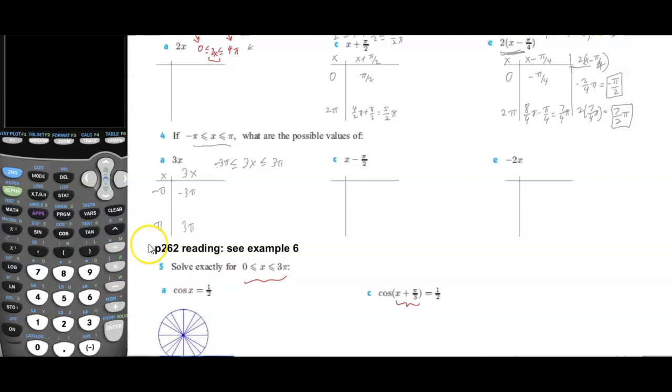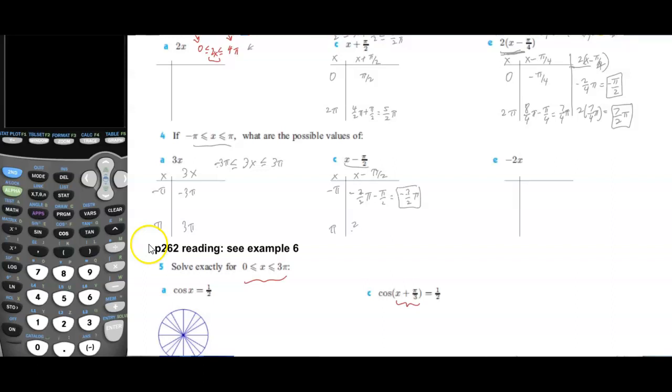Okay. What about x minus pi over 2? So I'm going to put x here, and x minus pi over 2 here. I'm going to put my two boundaries, which are negative pi and pi. In both cases, I'm just going to do a subtraction. So negative pi is the same thing as negative 2 over 2 pi. If I subtract pi over 2, that gives me negative 3 halves pi.